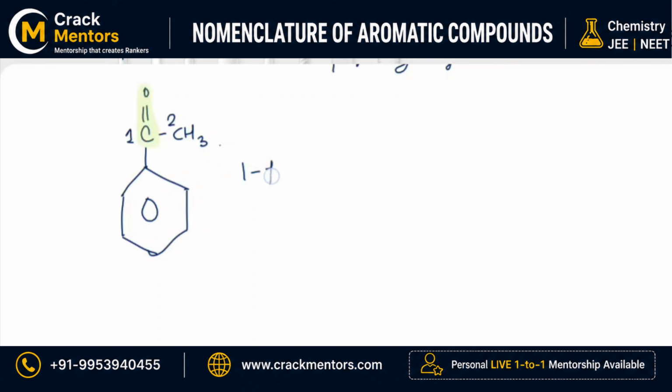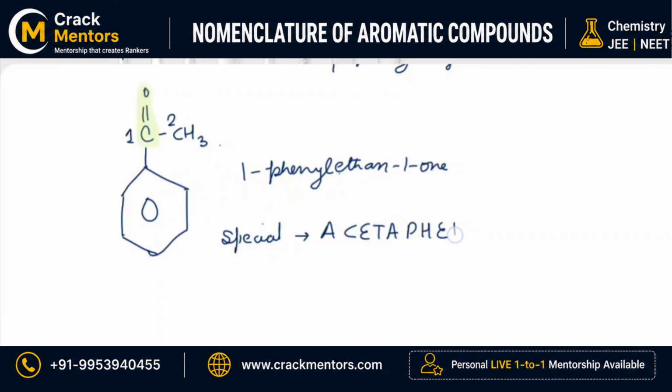So the phenyl group is attached on the first position. It is ethane 1 one. That will be the name for this compound. It has a special name also. That special name is acetophenone. Okay.